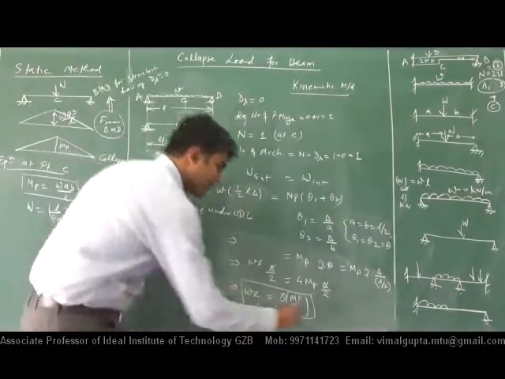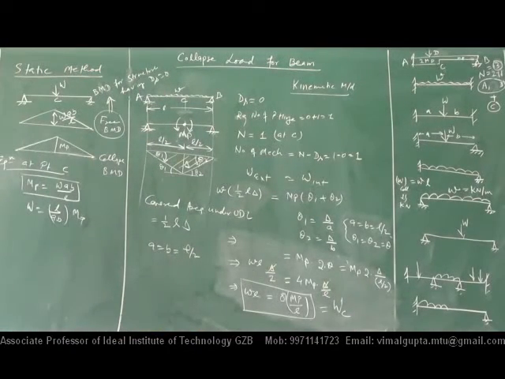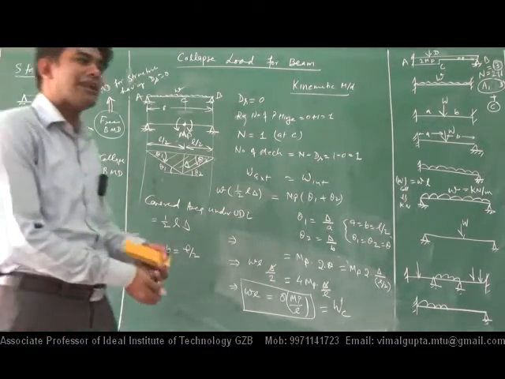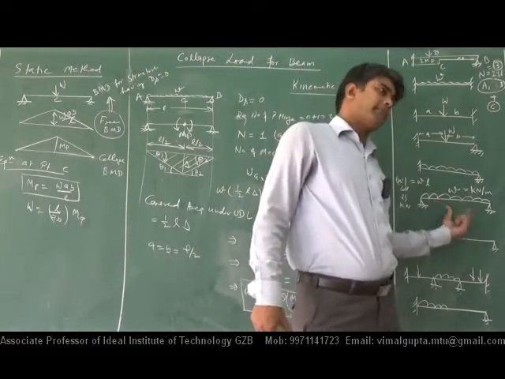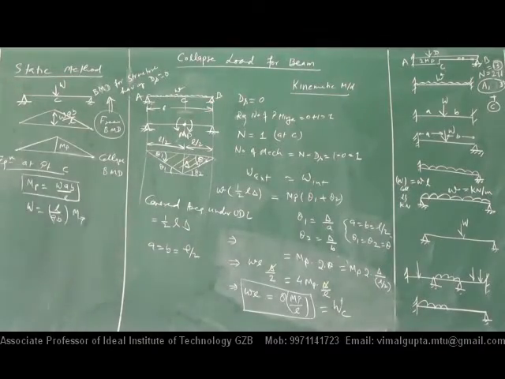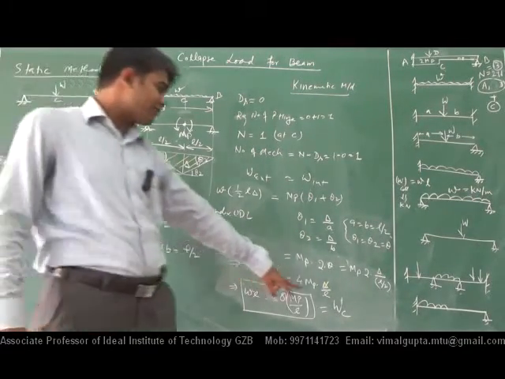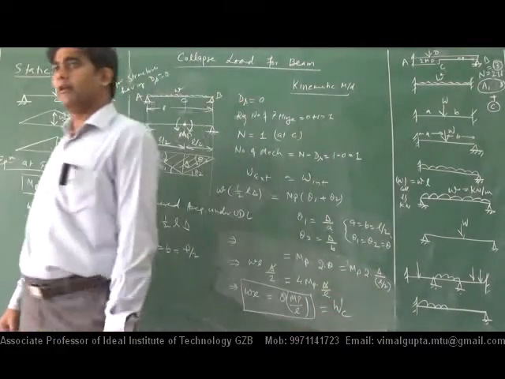So WL is represented by capital W, the collapse load, meaning how much total load can be distributed on that beam. Do not confuse this with small w. In a question you have to be very careful.